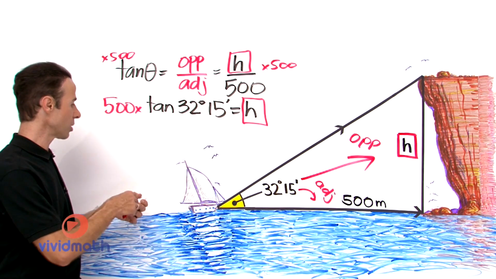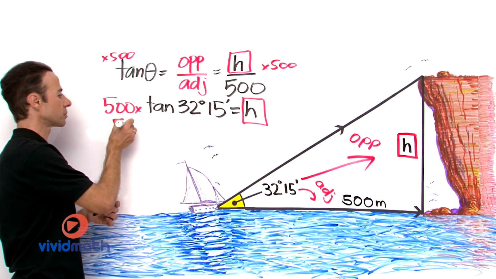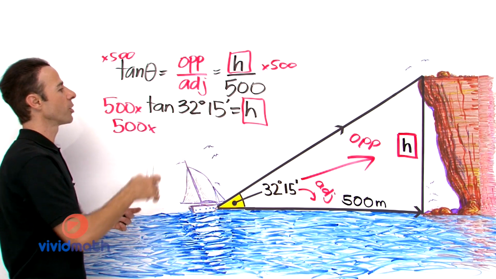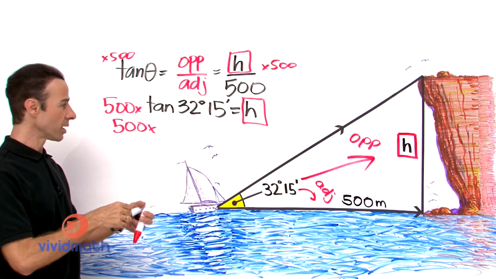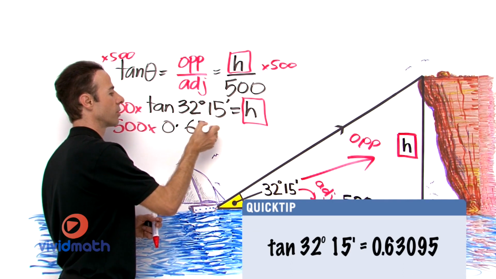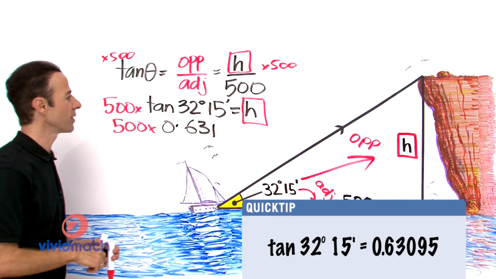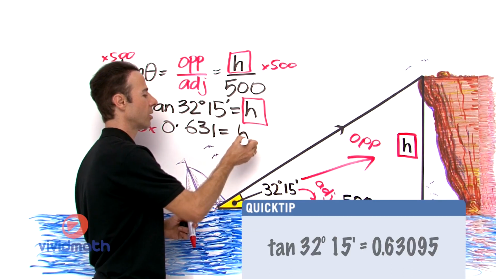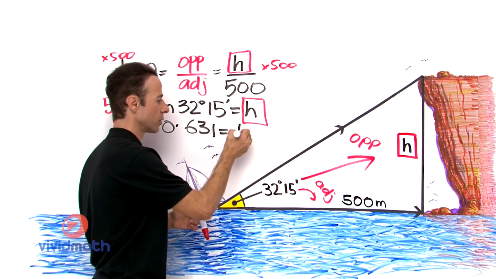So then we end up with 500 times tan 32.15, which, once you put it in the calculator, is going to yield 0.631. And that's going to equal, of course, our height, which is what we're looking for.